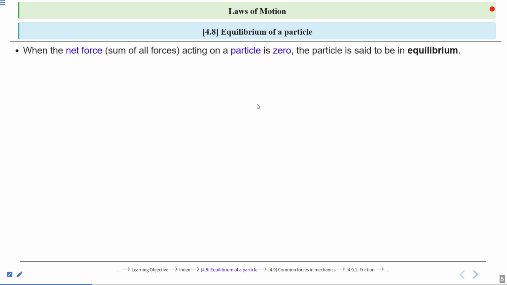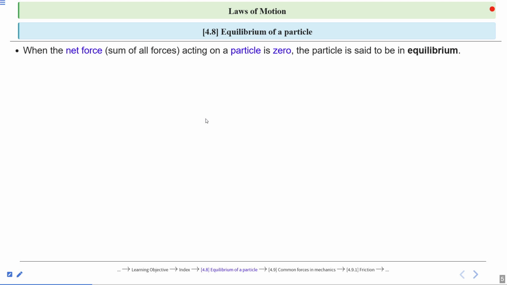So the topic is equilibrium of a particle. Now the question arises, what is equilibrium? A system is said to be in equilibrium when both the net force and net torque acting on it are zero.